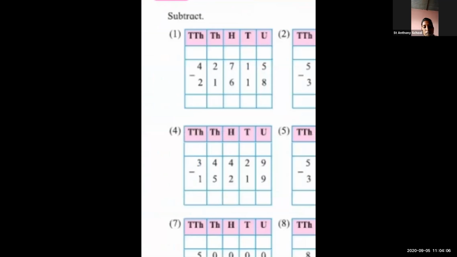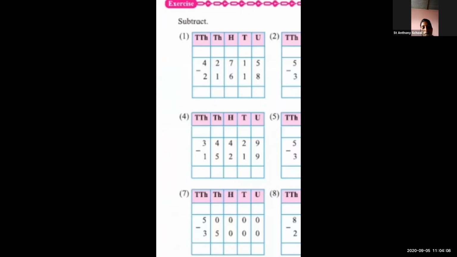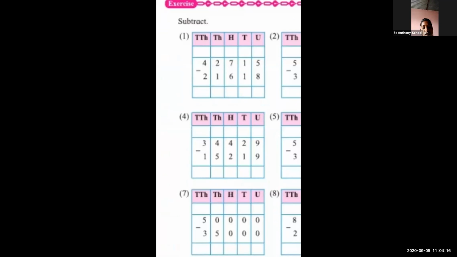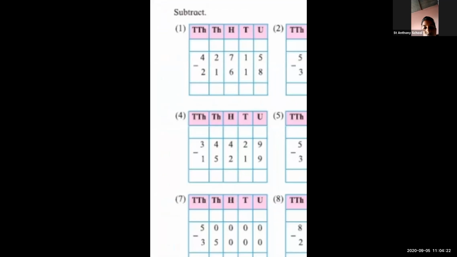This is the 7th sum. Ready, everyone? Now no one is chatting. No one is typing a message in the chat box. Now see the 7th sum. I'm going to explain this sum to you. Yes, give me your answer.